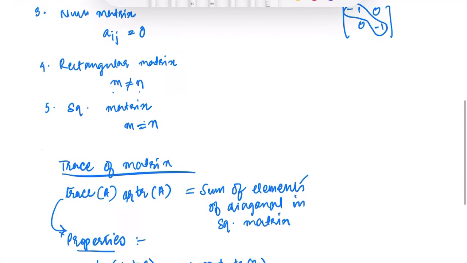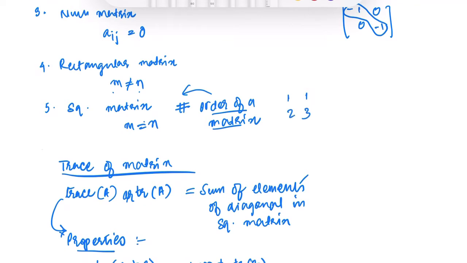Now in the square matrix I would like to add one topic, which is order of a matrix. It is applicable only to a square matrix. So basically I'll just give an example. Suppose this is a matrix, say A, what will be its order? It is equal to 2.